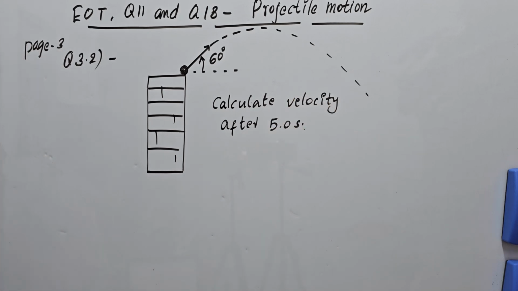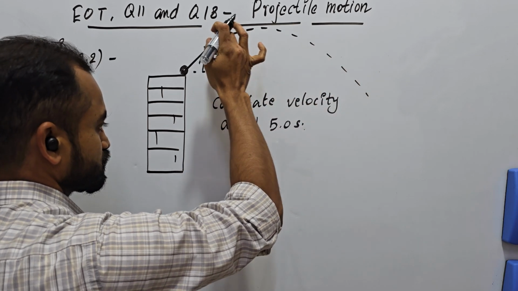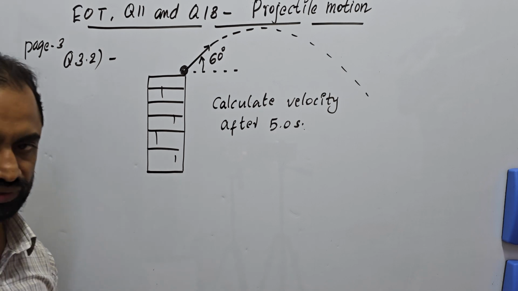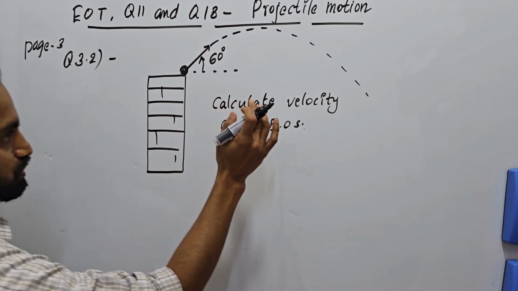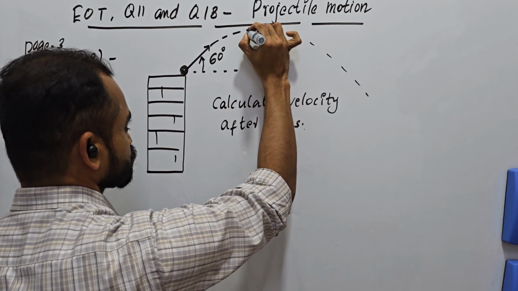We do not know the location. At any point the projectile will have both horizontal velocity and vertical velocity, so we need to calculate the velocity of the projectile.